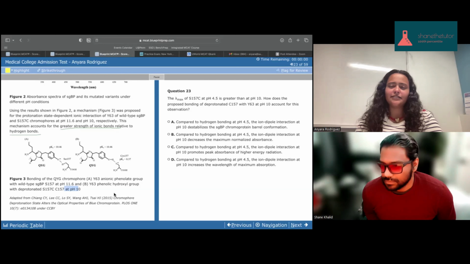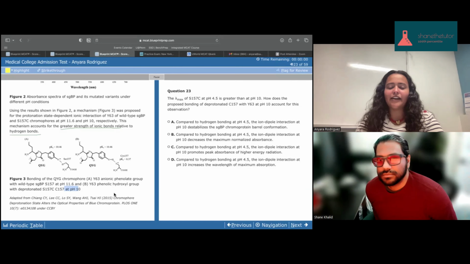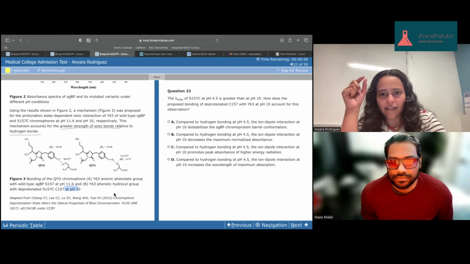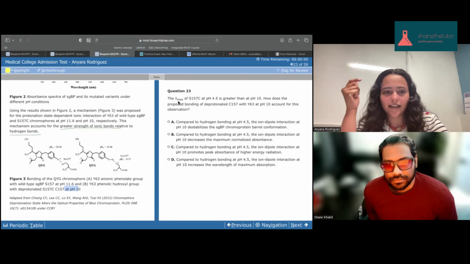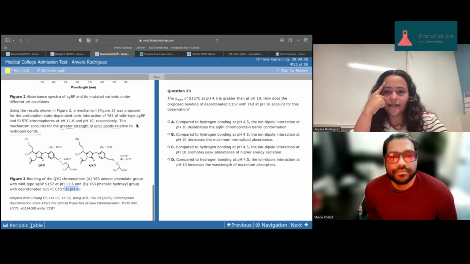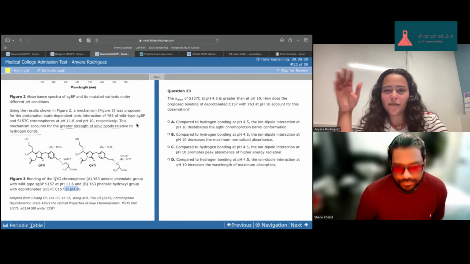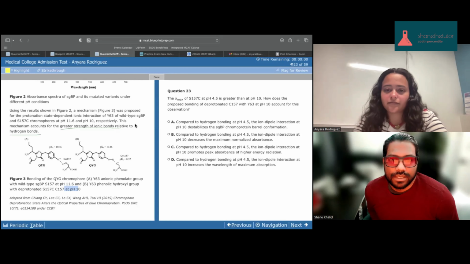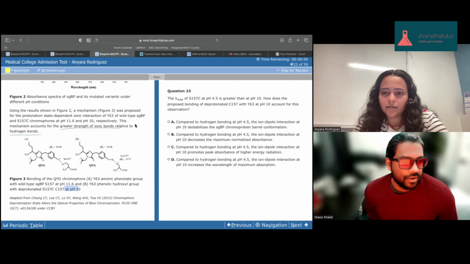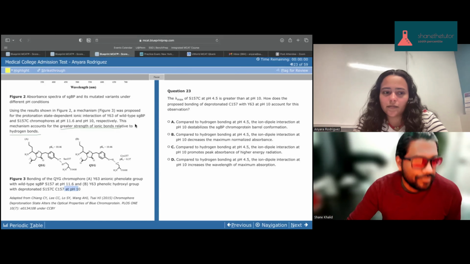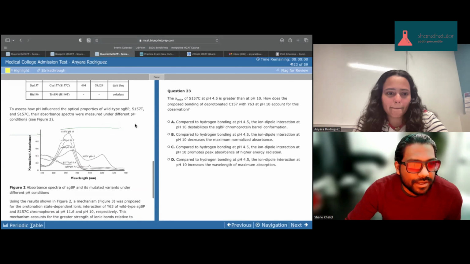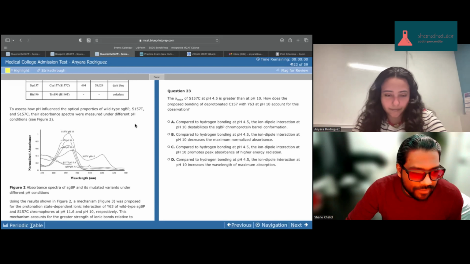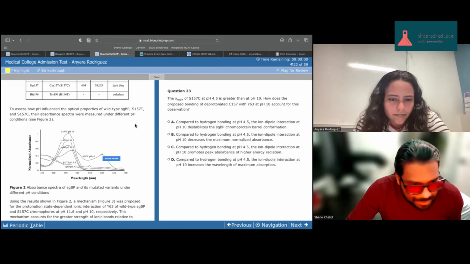I guess the thing is, how did you get to thinking about the energy of the wavelength max? Because I would think of that when it's emission spectroscopy, but this is absorbance. Yeah. I think I was just thinking about figure 2. So at pH 4.5, the max seems to be either here or here, right?